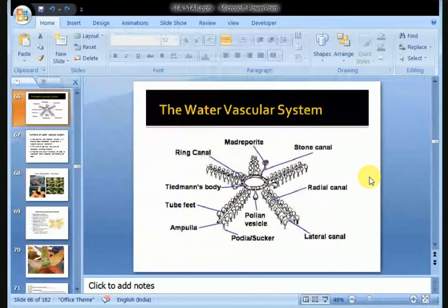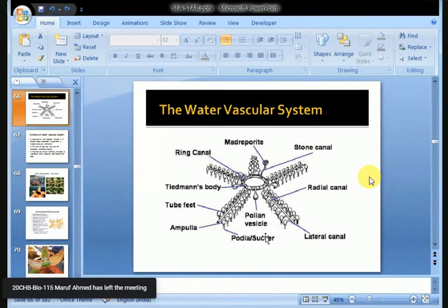These tube feet are joined to the radial canal with the help of lateral canals. And then there are some associated structures, such as Tiedemann bodies and Polian vesicles, which are not universally present. They are there in some while absent in others, and their role is still not confirmed.